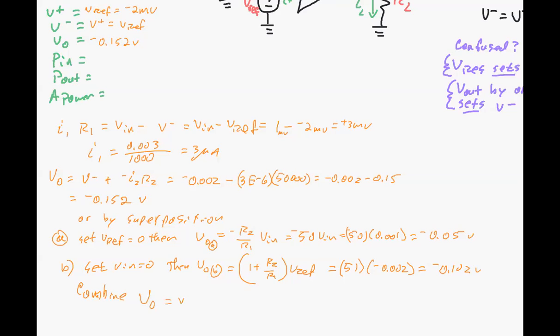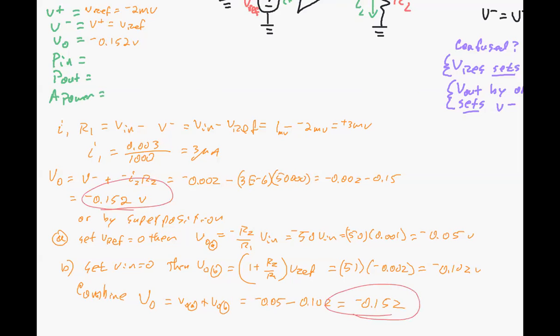So we have V out A plus V out B. That equals minus 0.05 minus 0.102, and that equals minus 0.152, which is what we got here.